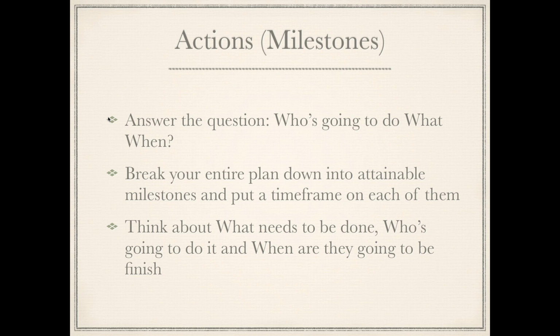So anything inside of those previous boxes, the tactics box, strategy box, objective, there should be a milestone attached to the things that you're doing in any of those boxes. And so the who's going to do what, when, makes the whole team accountable for making sure the stuff gets done, that it gets done when you think it's going to get done, and that you know who's doing it.